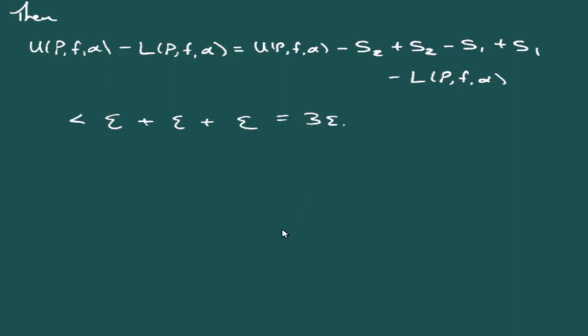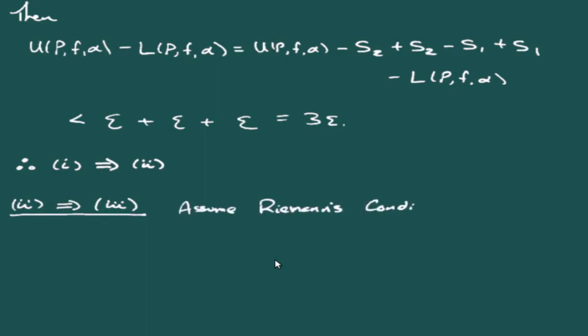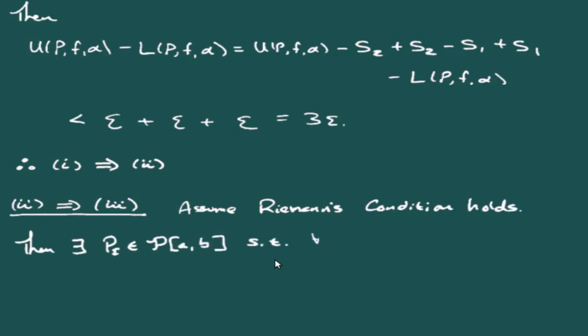And so that takes care of the first case, the first implication: the first condition, being Riemann Stieltjes integrable, implies that we meet Riemann's condition. So then for the second one, suppose that we're satisfying Riemann's condition, and we want to show that the upper and lower Riemann Stieltjes integrals are equal.